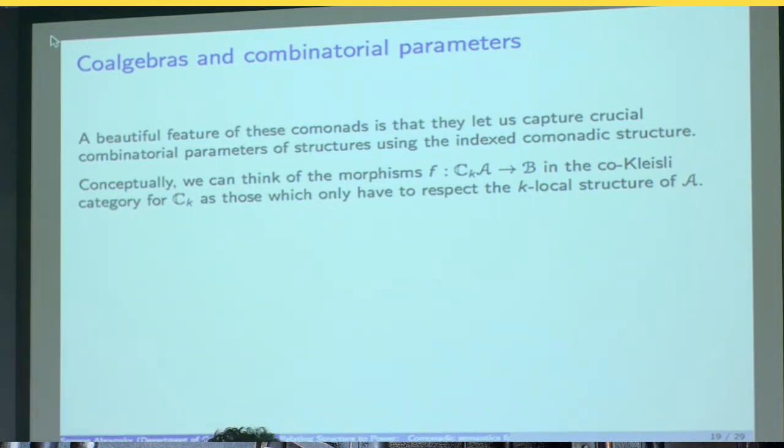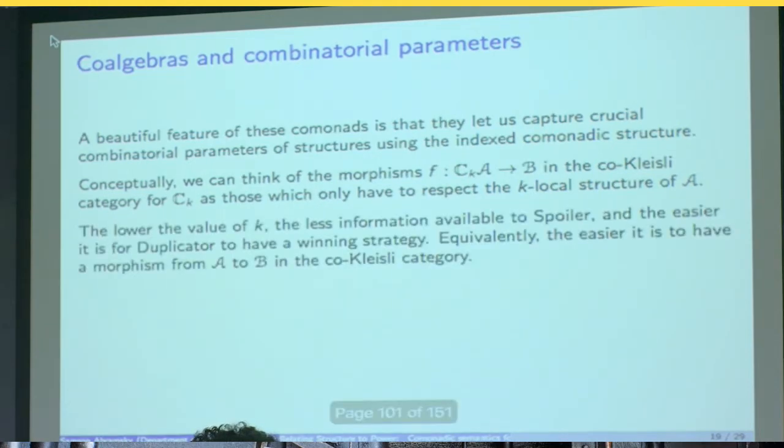So a Kleisli morphism only has to respect the k-local structure, which is where this model theoretic deception comes in. The lower the value of k, the fewer resources we have, the less information is available to spoiler, and the easier it is for duplicator to have a winning strategy. Or equivalently, the easier it is to have a morphism from A to B in the Kleisli category. So the duplicator can fool the spoiler into saying there is a homomorphism because the spoiler can only see this limited window onto the structure.